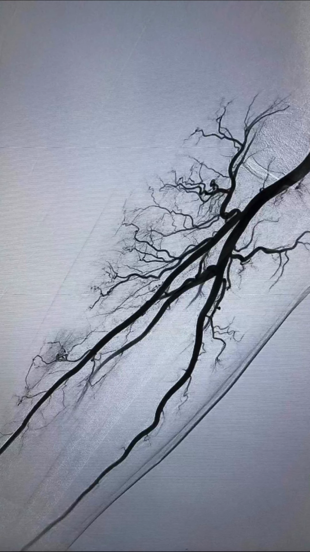And DSA gives much more clarity, the images are much clearer. It is not an indirect image, it is a direct image. You inject contrast and you take a picture. It is not a reconstructed image.